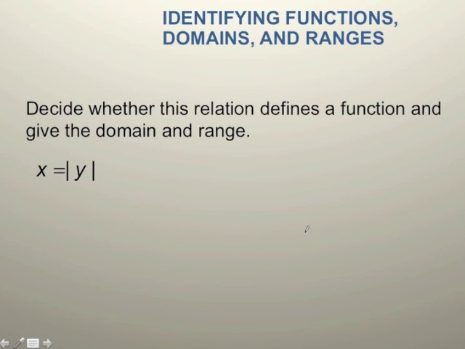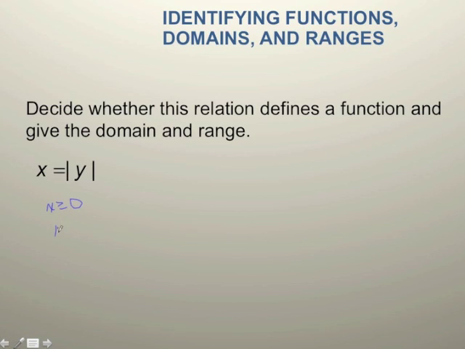Now, just to say whether this defines a function or not. Well, let's think about it. X is an absolute value, so x has to be greater than or equal to 0. Now y could be positive or negative because negative 10 would have an absolute value of 10.